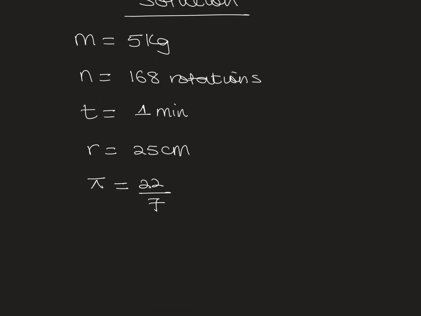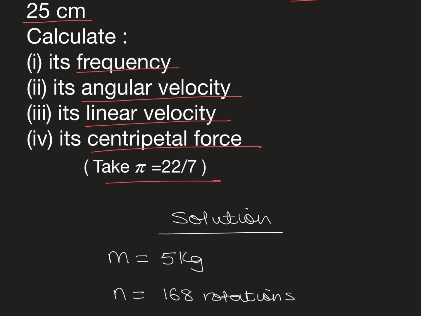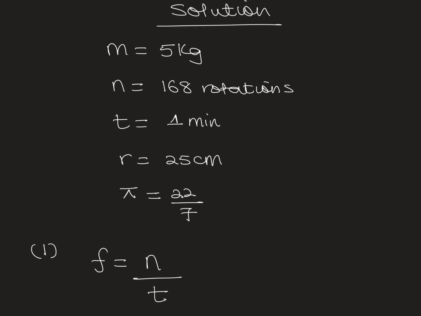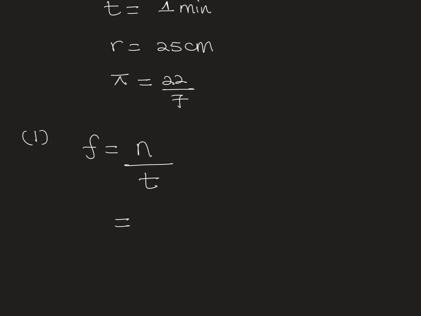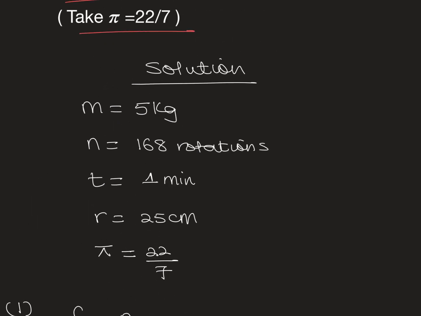So the first question asks us to find the frequency. The frequency is the number of rotations divided by the total time. So the number of rotations there is 168 rotations divided by the total time, 1 minute, which is the same as 60 seconds.